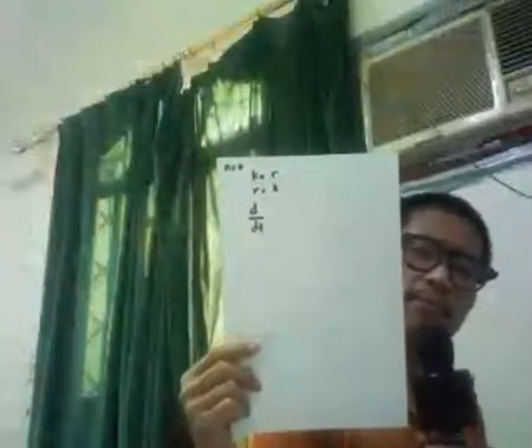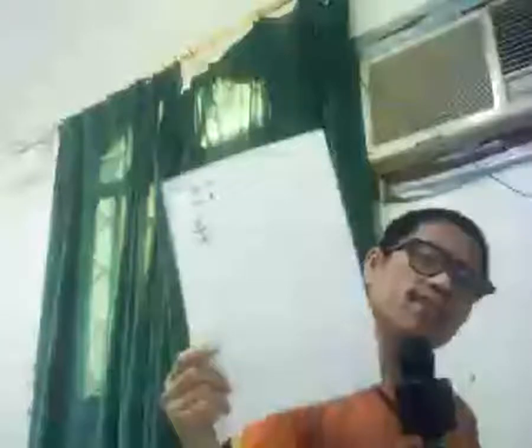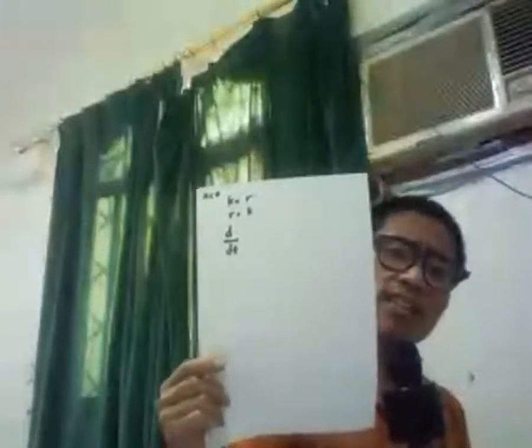T is the time. dt is the difference of the time, and d is the difference of the concentration, dA. Like that, and then equal to this is r, k.